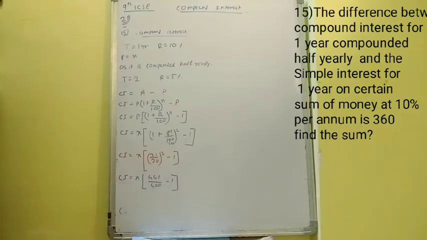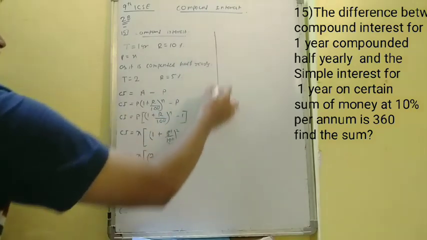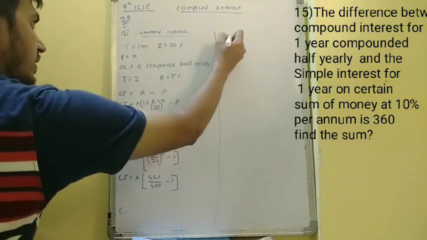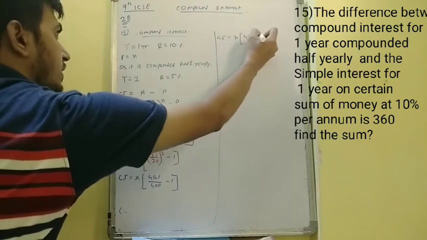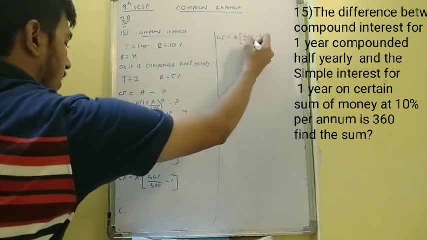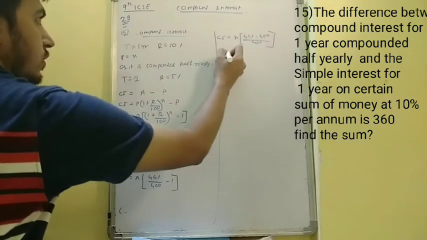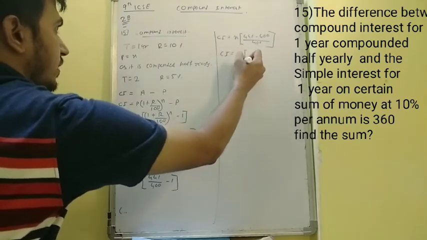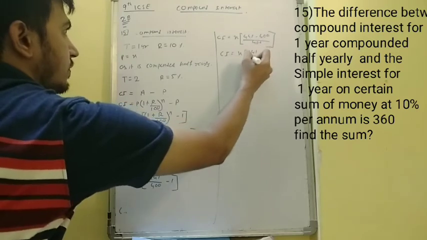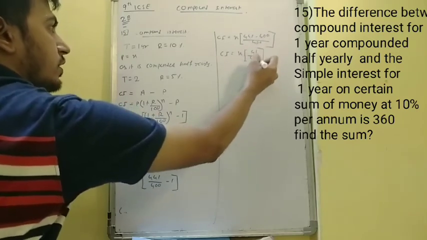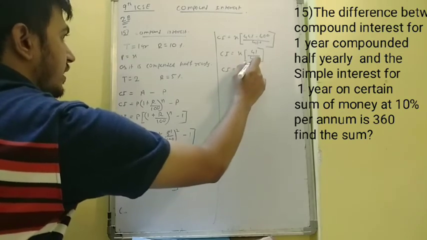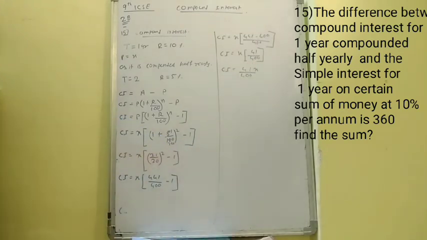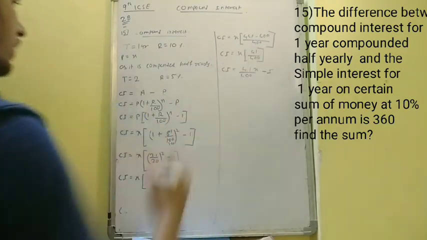When I do the cross multiplication, I will have compound interest as x multiplied by 441 minus 400 upon 400. So the compound interest is x multiplied by 41 upon 400, which is 41 upon 400 into x. We take this as 1.